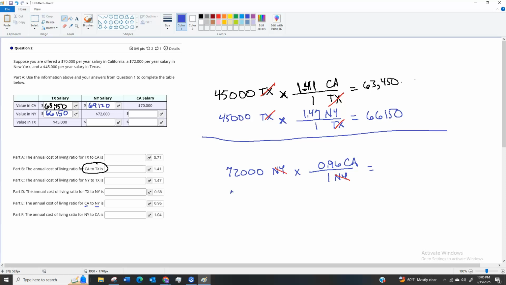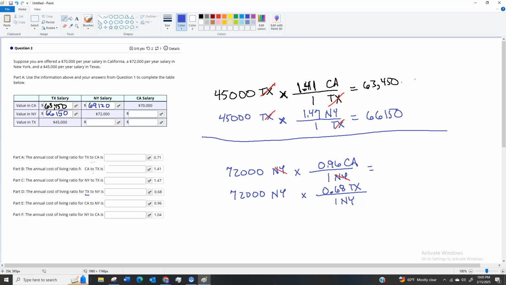Okay, do the same thing for Texas. So we have 72,000 for New York. We're going to multiply that with New York on the bottom and Texas on the top. So we need Texas to New York. That's 0.68 for Texas. So let me erase some of these so they're not in the way. All right, so we're looking at this one. We want Texas to New York so that New York is on the bottom.